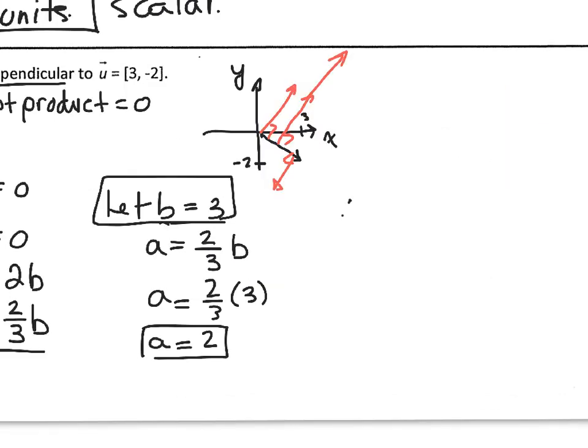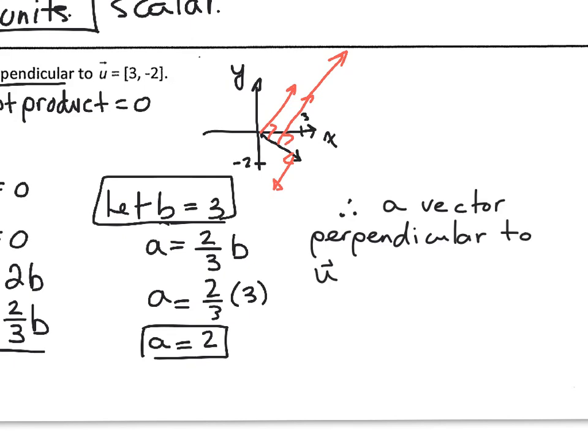So therefore, we can say a vector perpendicular to u is (2, 3). Okay, and you can check.